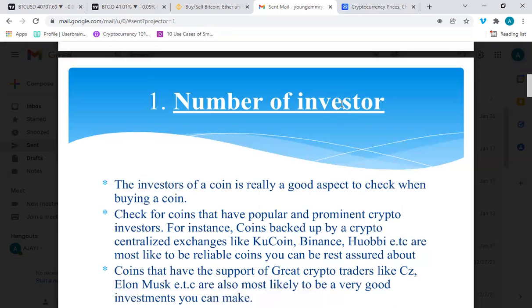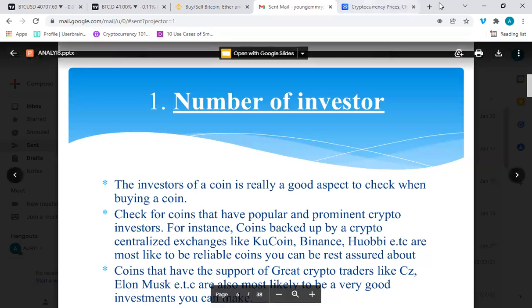A good cryptocurrency will always have so many investors. Please note that one. So if you are going to buy a coin, check for the investors. Check for coins that have popular and prominent crypto investors. For instance, for a coin to be backed by a centralized crypto exchange like KuCoin or Binance, it is most likely to be a reliable coin you can be assured of.